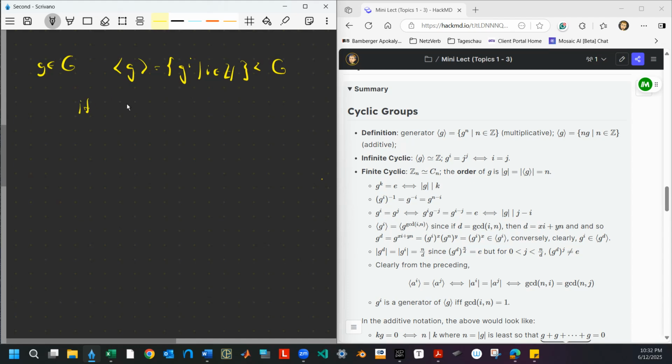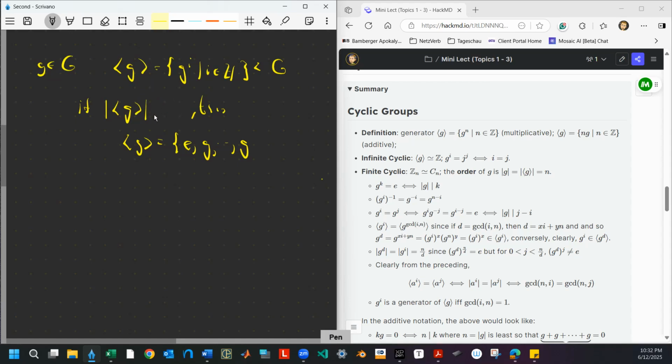So we showed that if ⟨g⟩ is finite, then ⟨g⟩ equals e, g, and then g up through some g^k. In fact, if G is finite, let me say this.